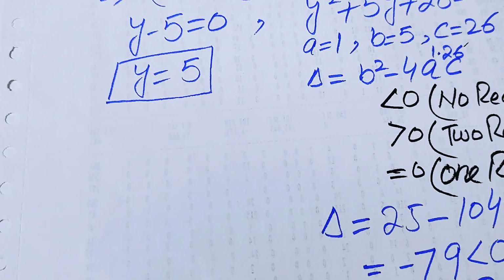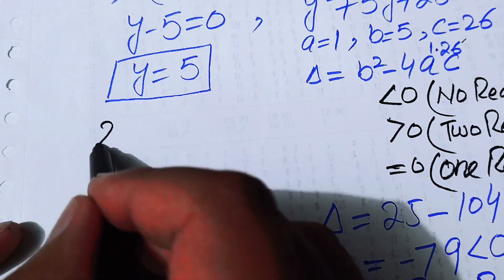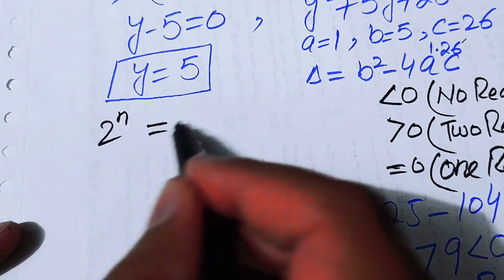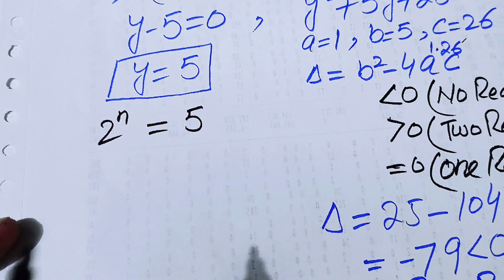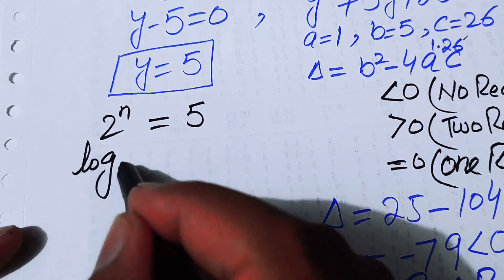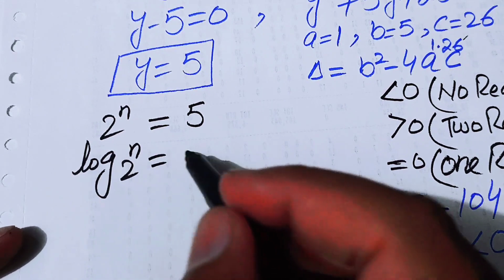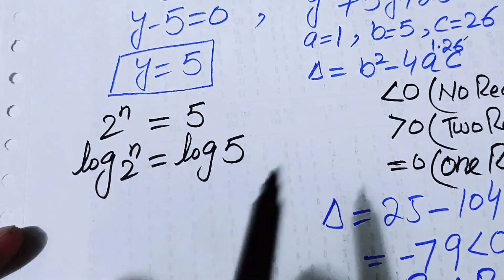We will just proceed with the first case only. And now we back substitute the value of y. At the start of the question we took y is equal to 2 to the power of n, so it is equal to 5. Now in order to find the value of n we will take the log on both sides, so you get log of 2 to the power of n is equal to log 5.